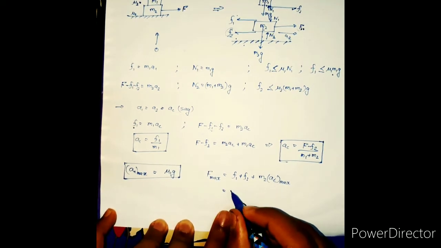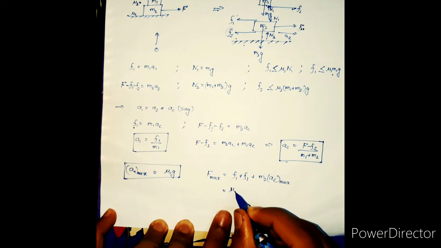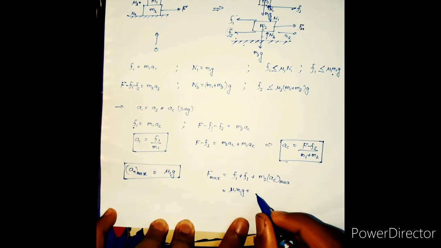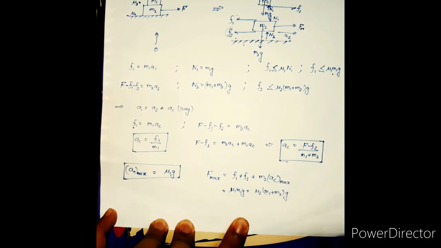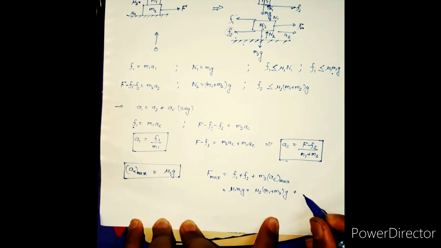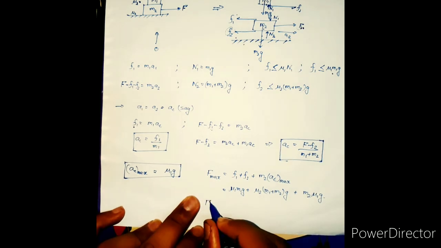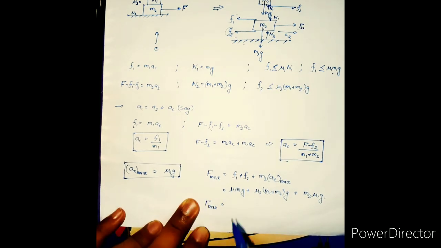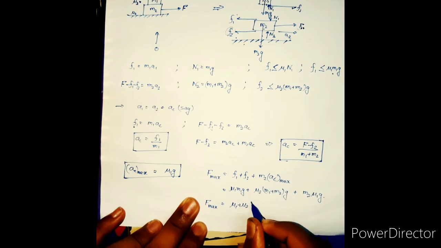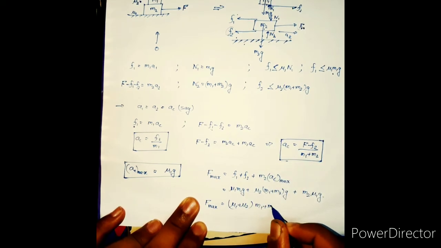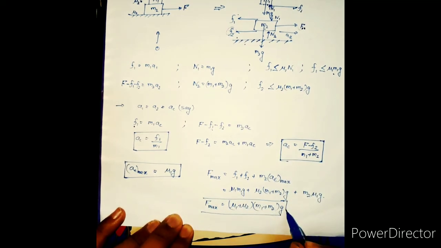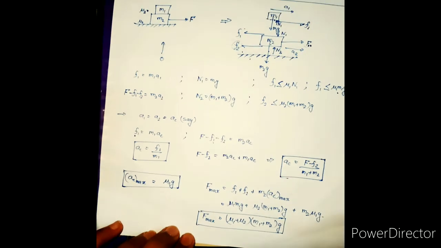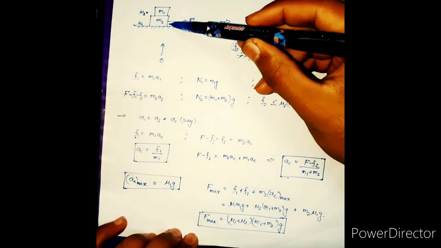So F1 will be mu1 m1g, F2 will be mu2 times (m1 plus m2) into g, plus m2 into mu1g, and the whole thing can be written as (mu1 plus mu2) whole into (m1 plus m2) into g.